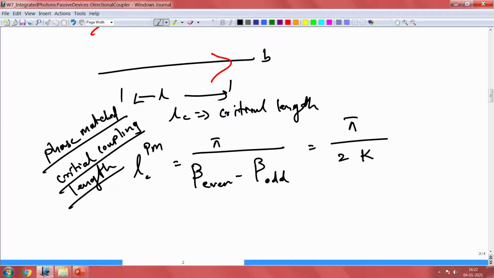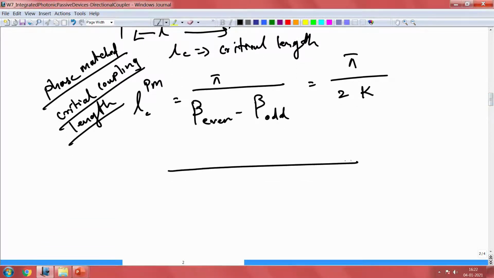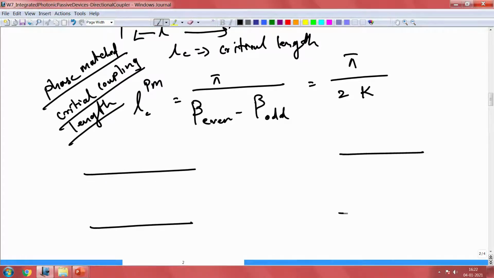So, this is our phase matching condition, and one can solve this for any given structure. Now let us look at a special case where these two waveguides are identical. I have two simple waveguides, and there are two cases that could happen.